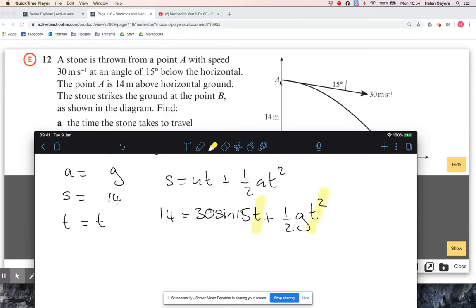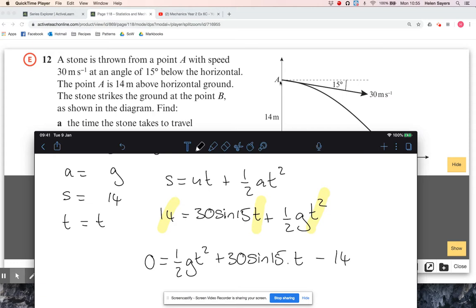There's my t term, there's my t squared term, there's my constant. So I'm going to make it equal 0, bring the t squared term to the front, then my term in t, and be really careful that t is not inside the sine. So it's 30 sine 15 all multiplied by t. Then I'm going to minus the 14.